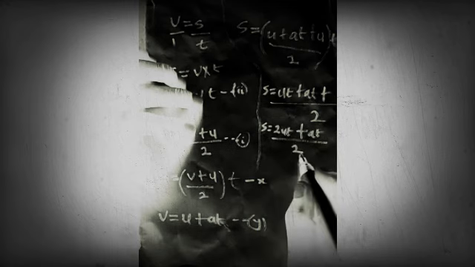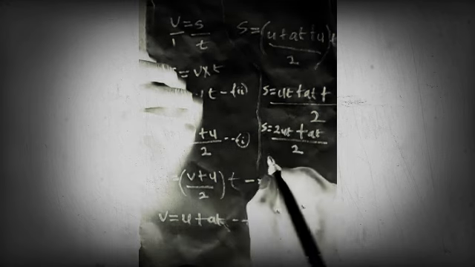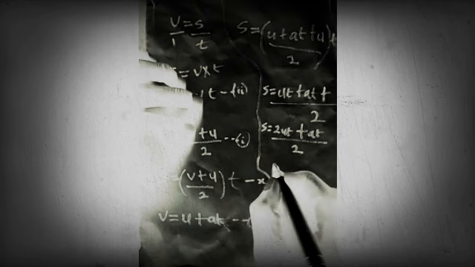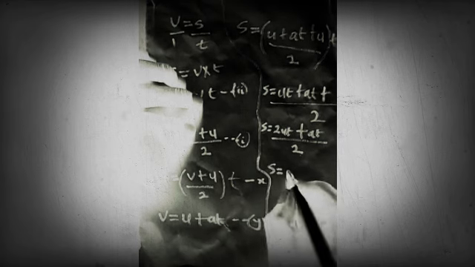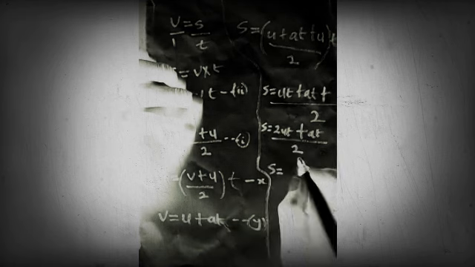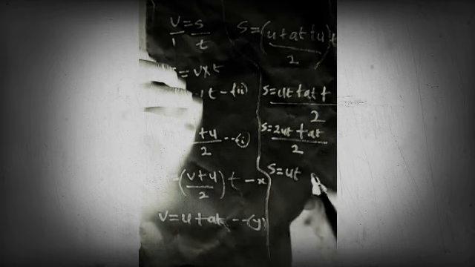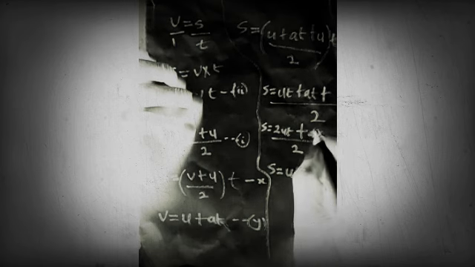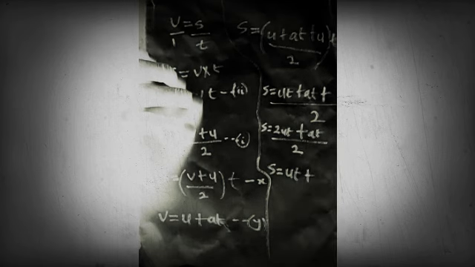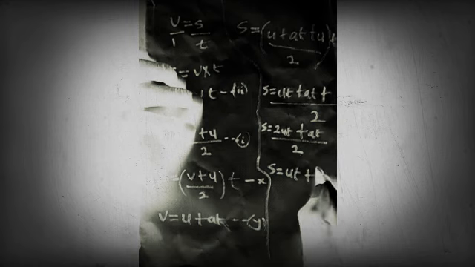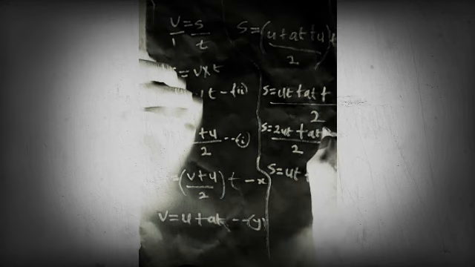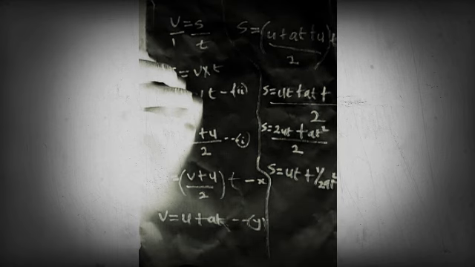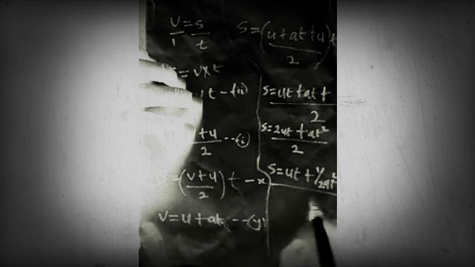So there's 2 here, there's 2 here, these 2 cancel these 2, so that your S now is equal to UT plus. You know that AT over 2 is the same thing as half of AT, so that you now have half AT squared. So here is the second equation of motion.